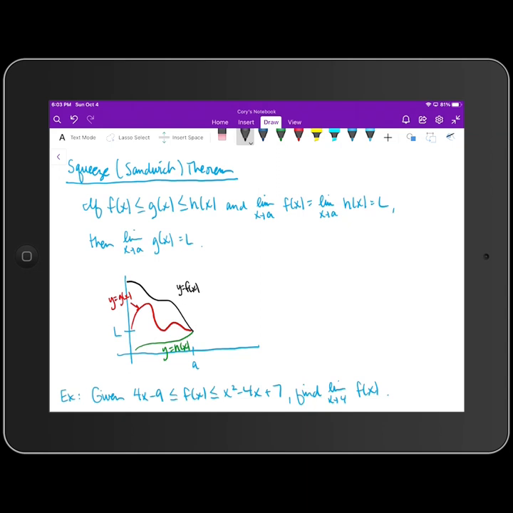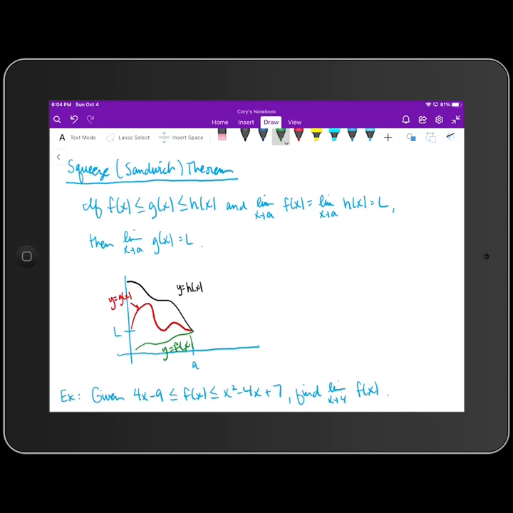So it says that if f of x is less than or equal to g of x, which is less than or equal to h of x, and the limit as x approaches a of f of x is equal to the limit as x approaches a of h of x, and those two limits are equal to L, then the limit as x approaches a of g of x has to be equal to L as well.